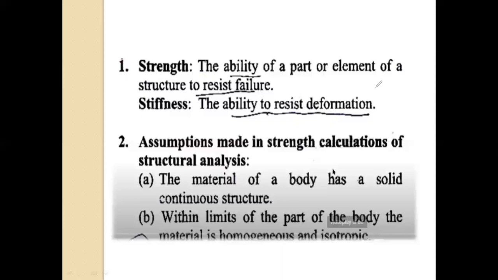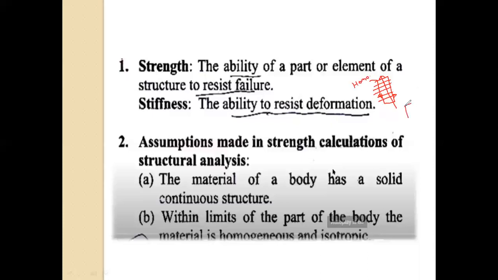Good. Okay, very good. Homogeneous means the elastic properties are the same at every point. Suppose you have to check the elastic property here, then you check here. That means you have to check the elastic property at every point. If the elastic property at every point is the same, then this material is homogeneous.